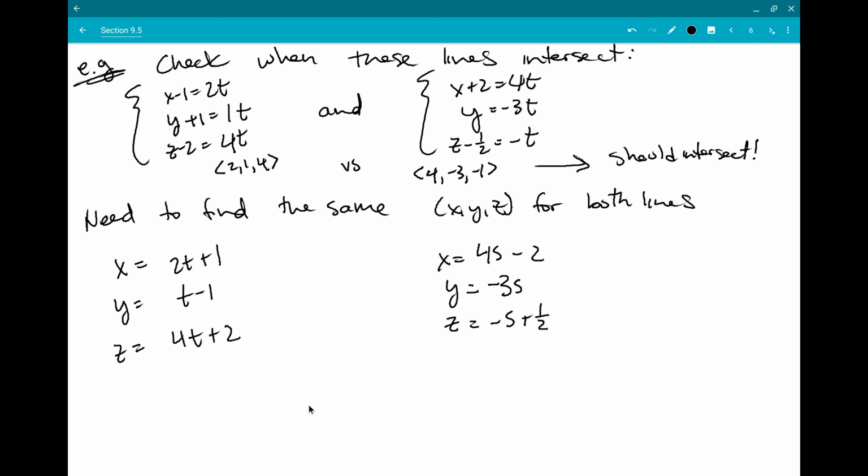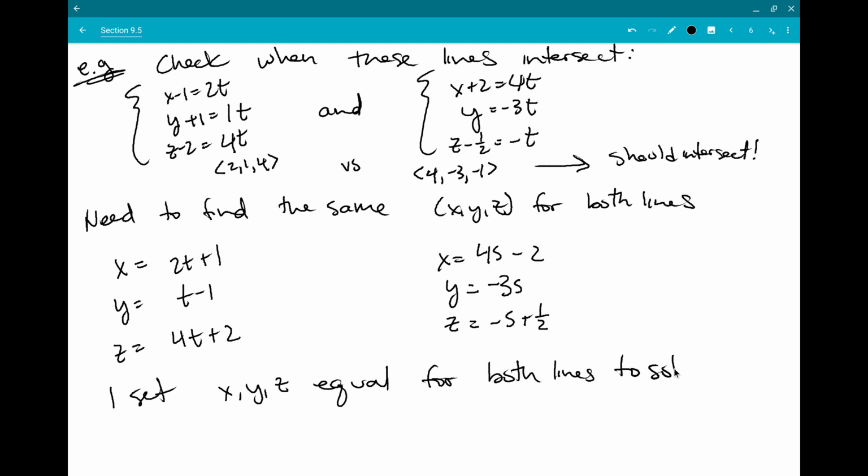I'm going to find that particular point by finding the t and s that make these x, y, z's equal. My goal here is to solve for s and t, and then that'll tell me the x, y, z where it happens. It's a little circular.